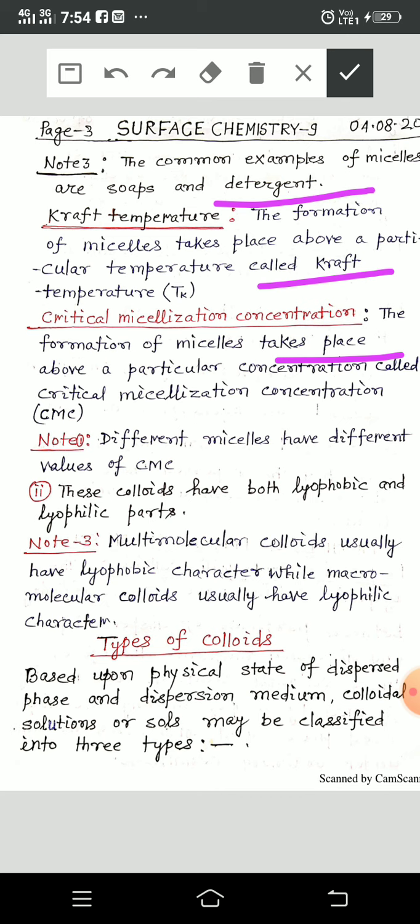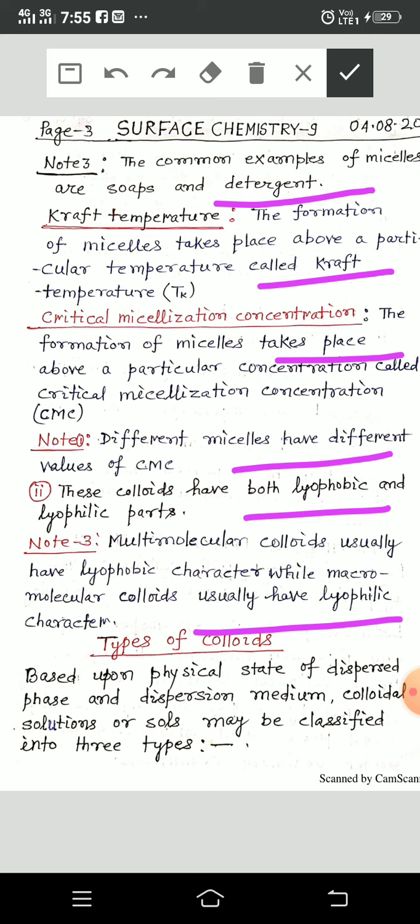Means below this temperature they do not form, they behave as normal electrolytes, but above this temperature and above this concentration they behave as associated colloids. Different micelles have different values of CMC. These colloids have both lyophobic and lyophilic parts. Note number 3: multimolecular colloids usually have lyophobic character, while macromolecular colloids usually have lyophilic character.